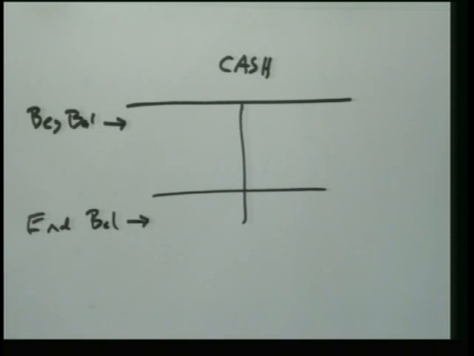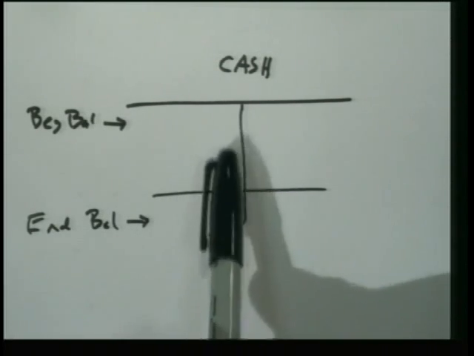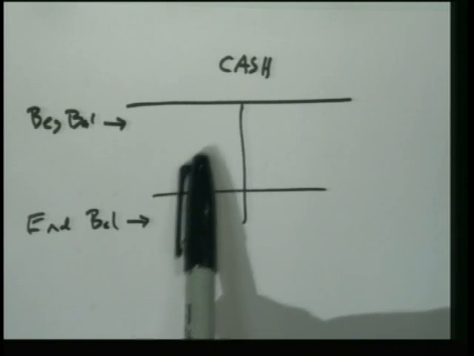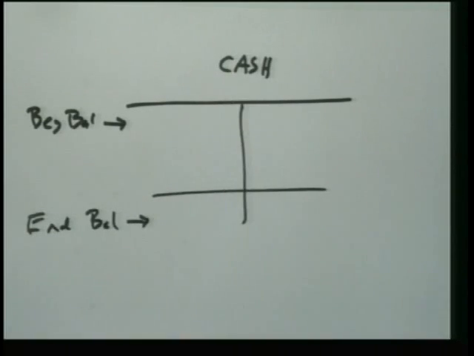What sort of transaction causes cash to be debited, or increased? Specifically, in this example, we have cash receipts and cash disbursements going on. Which one of those causes cash to debit or to increase? Cash receipts.